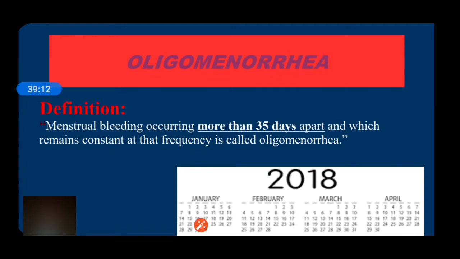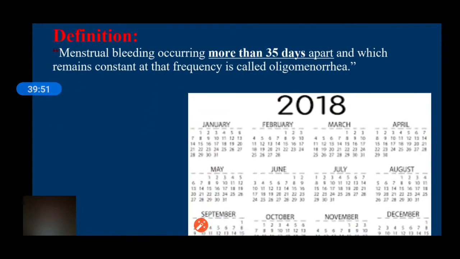But if she is getting the cycles always late, always later than 35 days, and the frequency remains constant for other cycles also, meaning every month she is getting late only, suppose on the 40th day, 50th day, that is once in 2 months, 3 months, and the frequency is constant, then this condition is to be called oligomenorrhea. If it happened only once, you cannot call it oligomenorrhea.